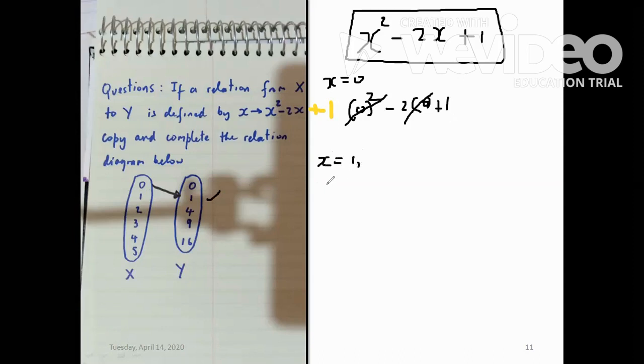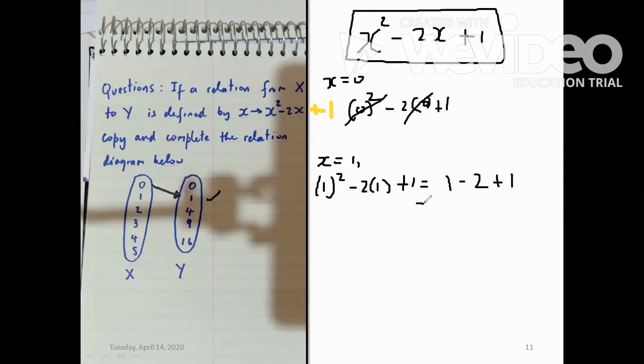When x equal to 1 is going to be 1 squared minus 2 times 1 plus 1. So 1 squared is 1, 2 ones is 2, plus 1.